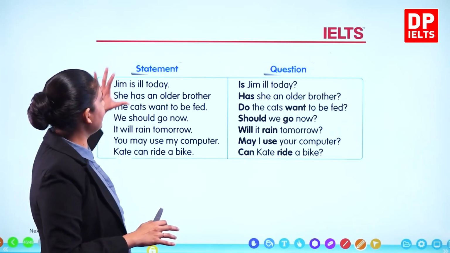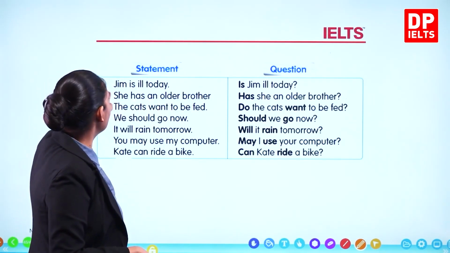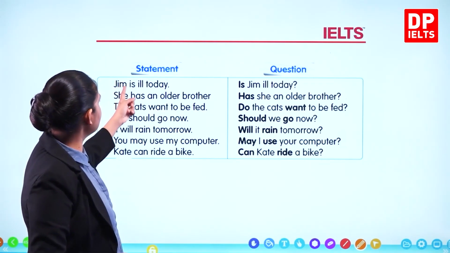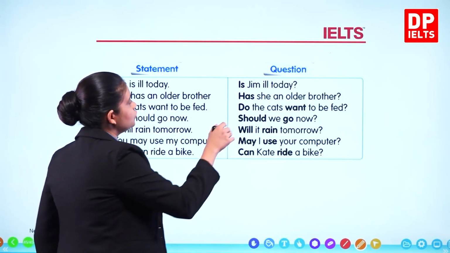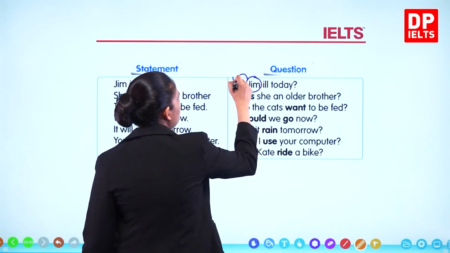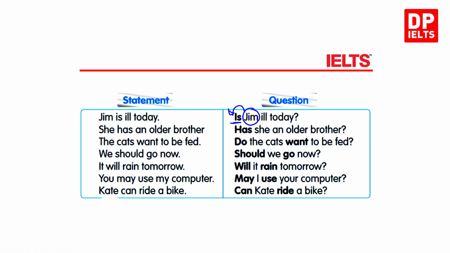So let's have a look at a statement and let's have a look at the question, okay? So here you can see Jim is ill today. Is Jim ill today? So it comes, who is ill? Jim. So it comes before the subject, okay? First statement பாருங்க. Jim is ill today. Jim இன்னைக்கு சுகவீனமுற்று இருக்கிறார்.